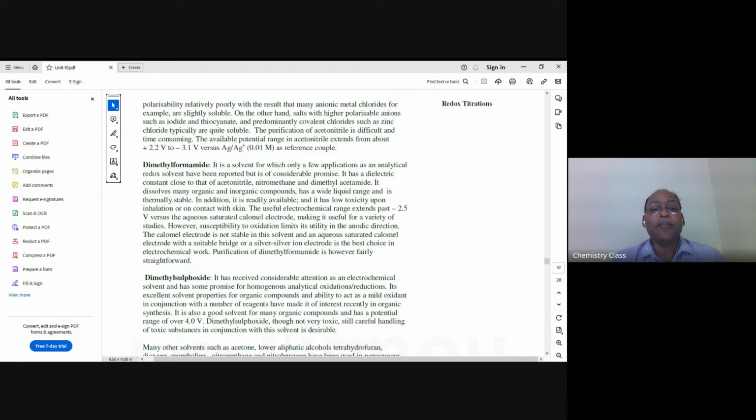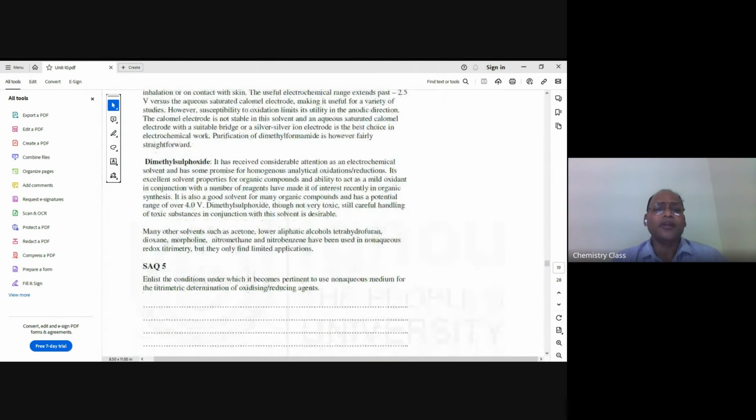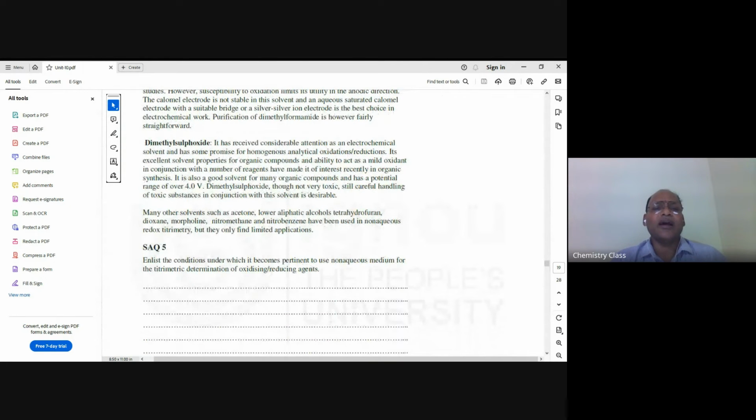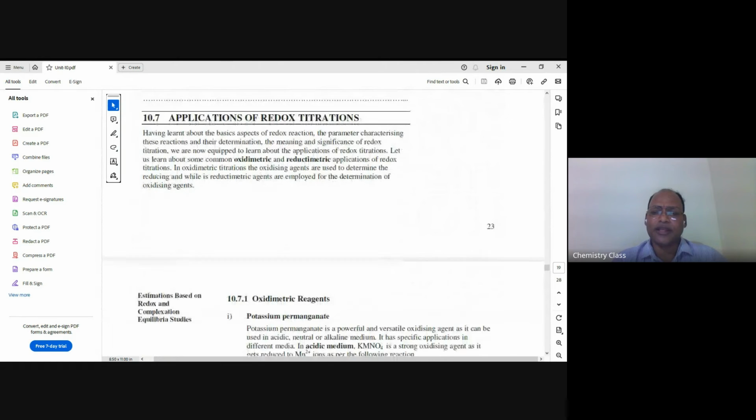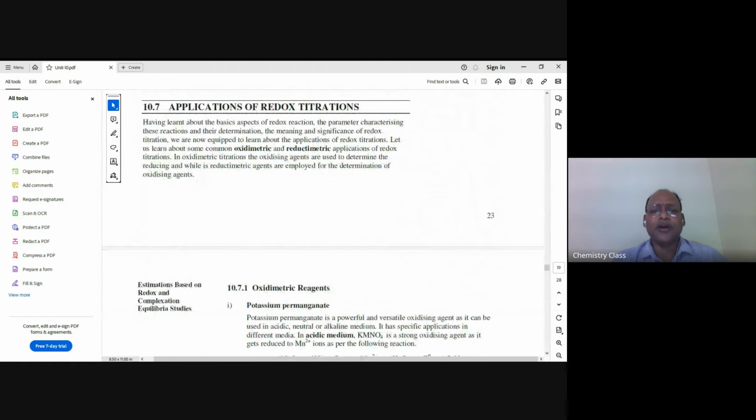It dissolves many organic and inorganic compounds, has a wide liquid range, and is thermally stable. Okay, so these are the conditions. That's why it may not be favorable. Like this, dimethyl sulfoxide is also a particular non-aqueous solvent.